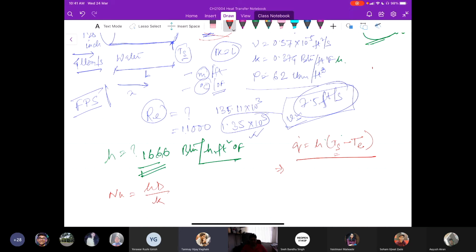The surface area will be pi d into L. Exactly, so that is why I asked. Did you calculate the L by now? Although I asked later what the length required is, it basically comes before calculating this Ts that is required.